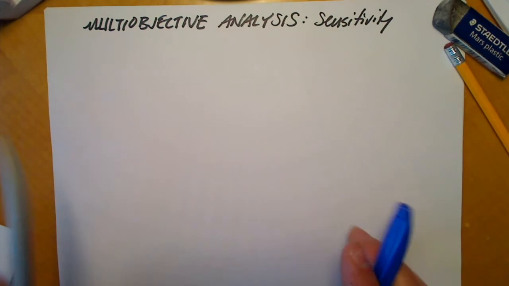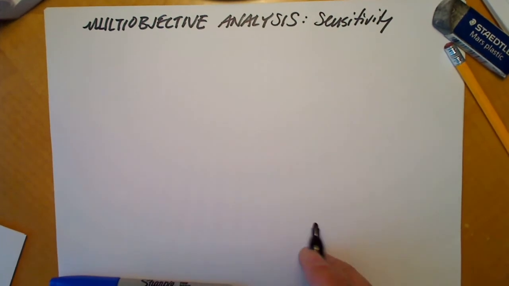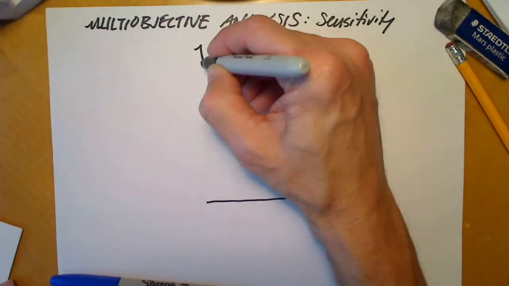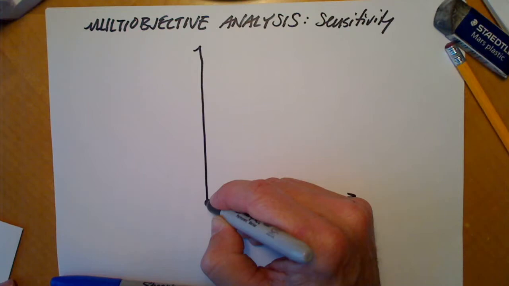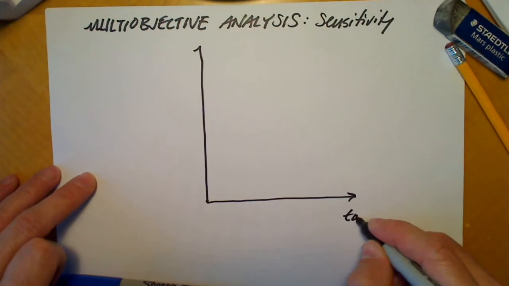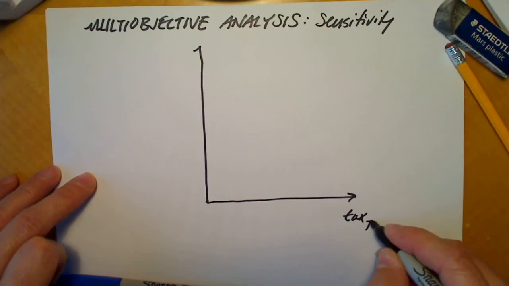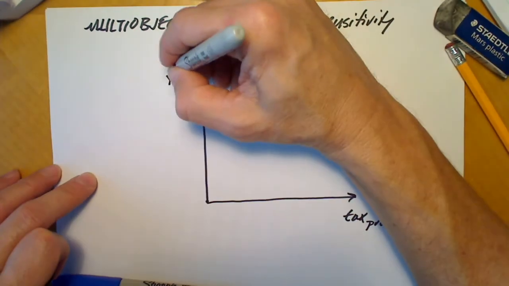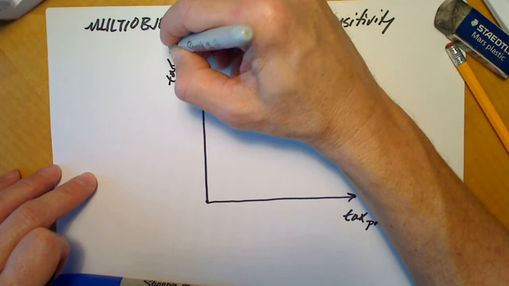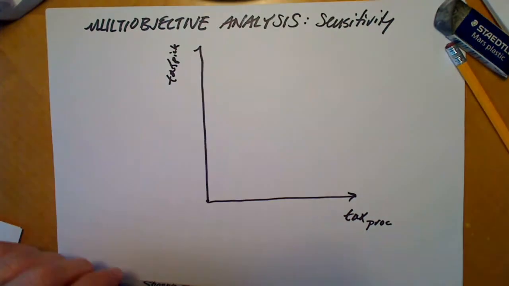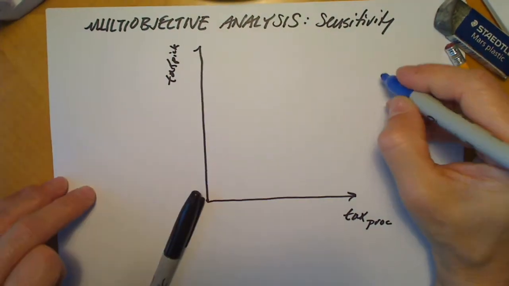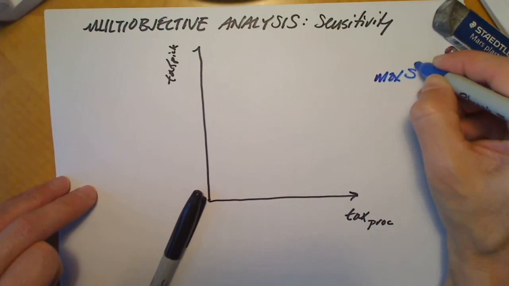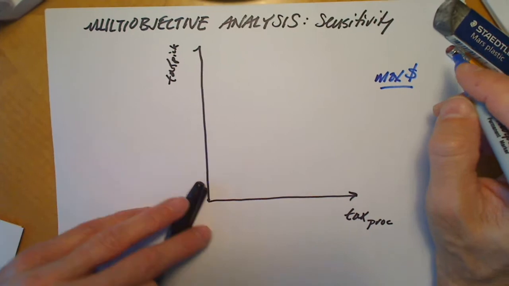And you might ask, how should the government decide? Well, one way to do it is to set it up as a multi-objective decision problem. Suppose we have here the tax on the process, and here the tax on the pickling. Now you could ask yourself, what's the objective going to be? We might choose that the government wants to maximize its tax revenues.